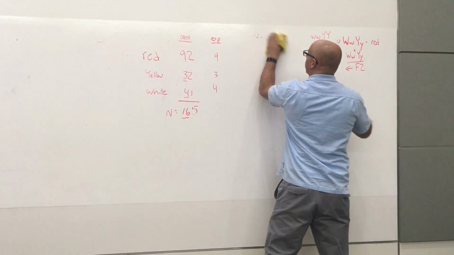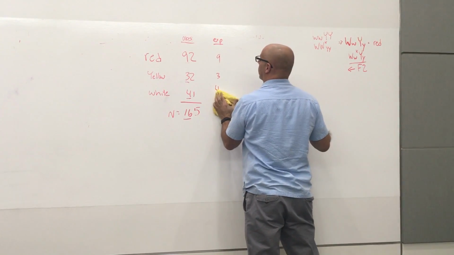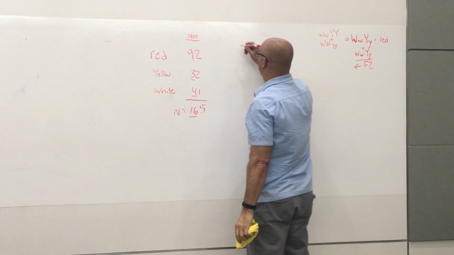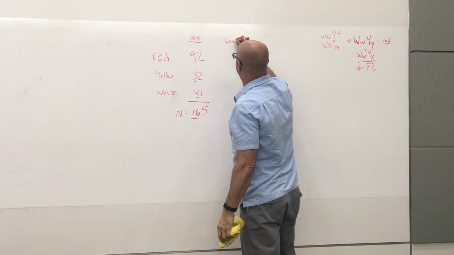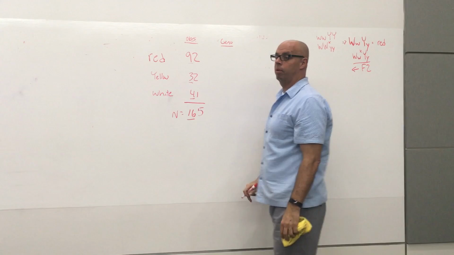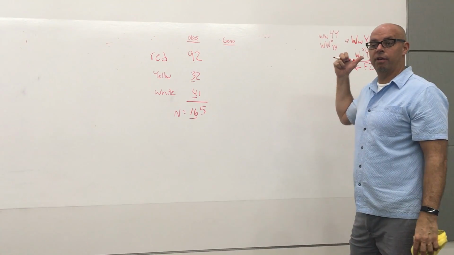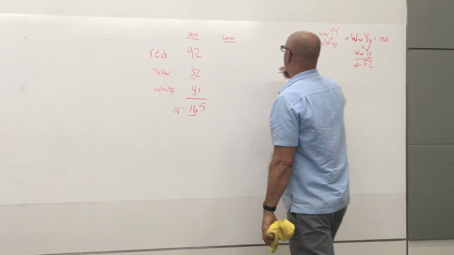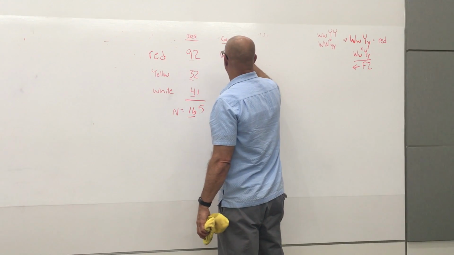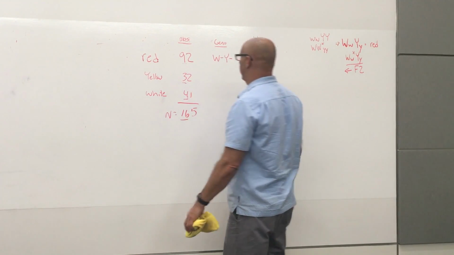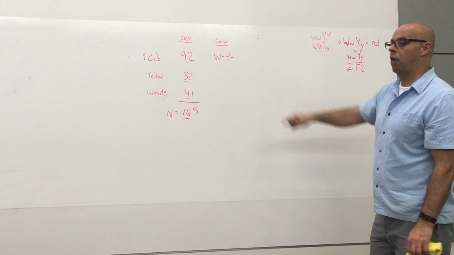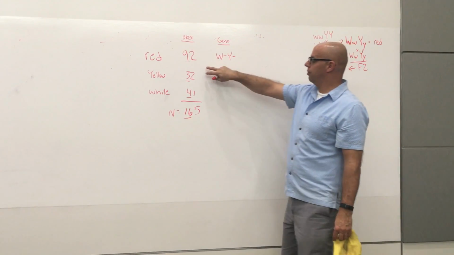I'm going to erase this. I'm going to do genotypes here. What's the 9 genotype? We already have it in the F1s. It's big W, whatever, big Y, whatever. Do we know the white? Because we have the 9331.